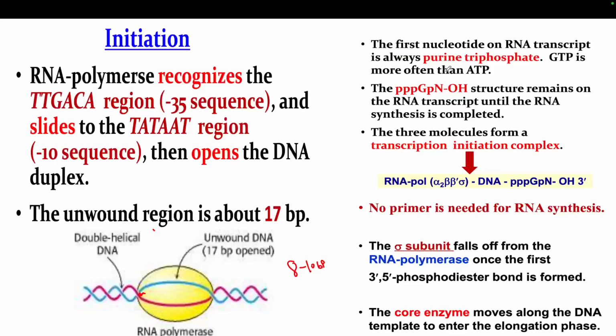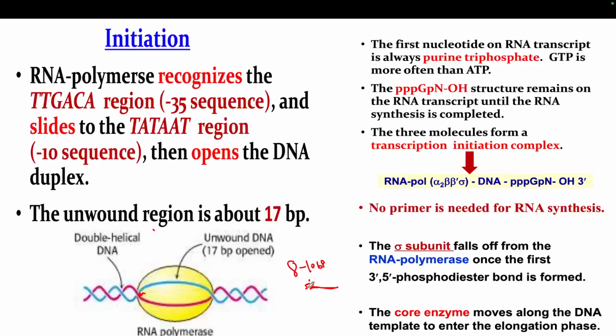You also have to remember that. Suppose this is the starting 5' nucleotide, it should always be a purine nucleotide. It can be either GTP or ATP, where all 3 phosphates will be there, because it is the starting point.